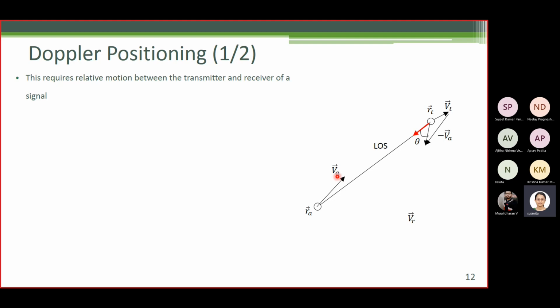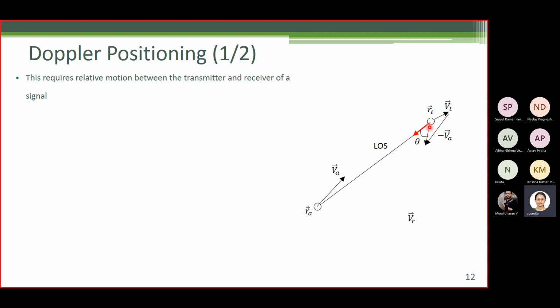What is the relative velocity between the transmitter and the user? The relative velocity of the transmitter with respect to the user would be Vt minus Va, right? We are doing vector addition of Vt and minus Va.